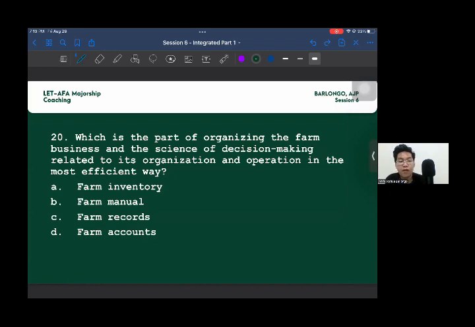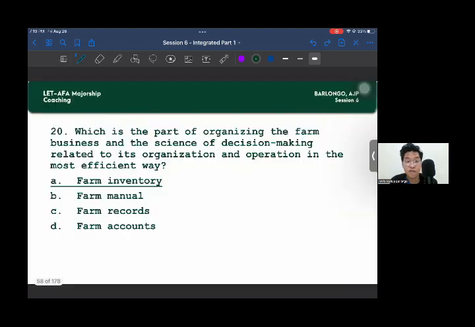So ito daw ay part ng organizing the farm business and science of decision making. So the answer for this one is letter A, which is farm inventory. So bakit A ang sagot? Keywords. The keywords that you need here is organizing, of course, decision making, and operation.